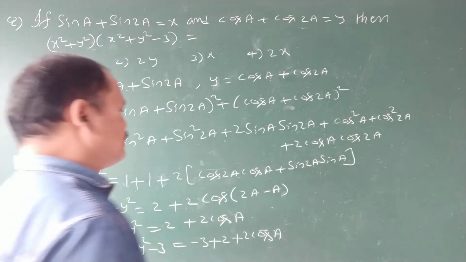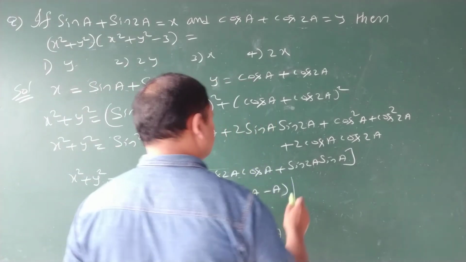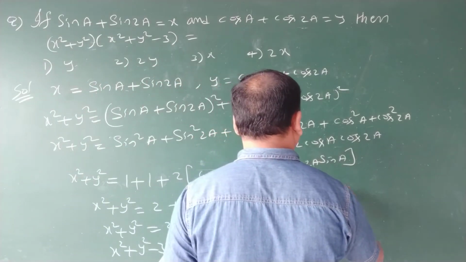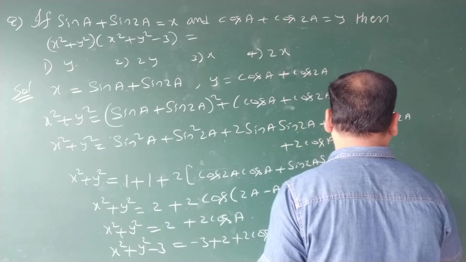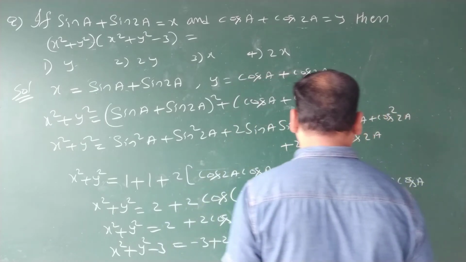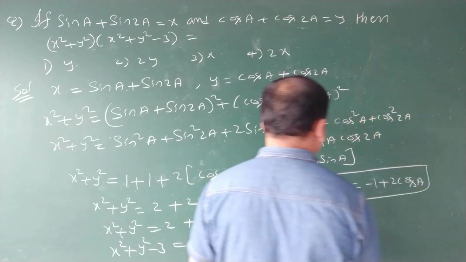Now from this, x square plus y square minus 3 is equal to minus 1 plus 2 cos a. That's all.